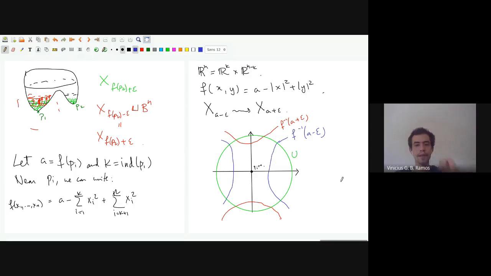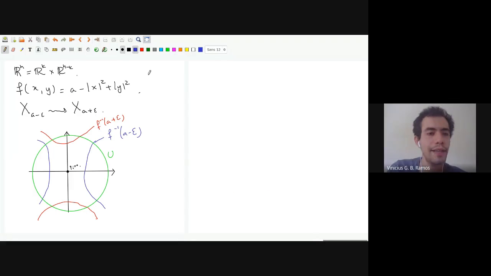Okay, so what I want to do now is I want to consider a set that I'm going to call H. And the set is going to be the set of xy such that, well, I'm going to look at what's between the two.